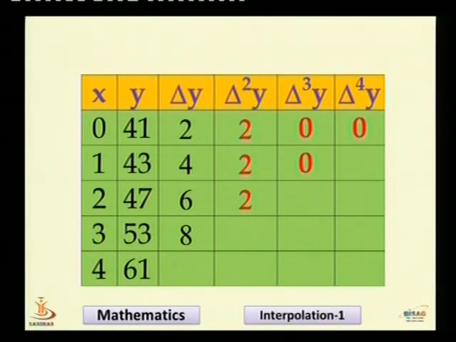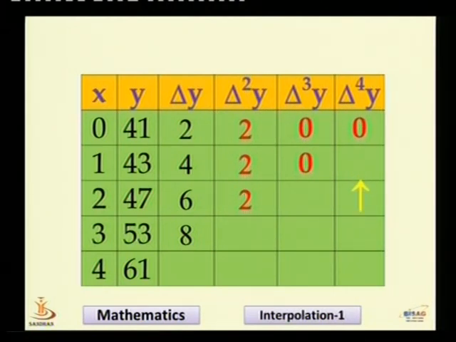Now you can easily see that since the polynomial which we have taken is a quadratic polynomial, x square, it is a second degree polynomial. The second order forward differences, that is the delta square values, are all constant, all having the same values, and because of that the higher order differences, that is delta cube, delta raised to 4, which we are evaluating, will all take the value 0.